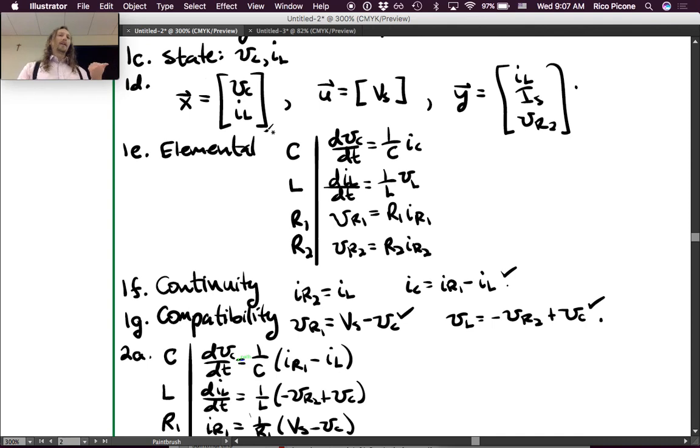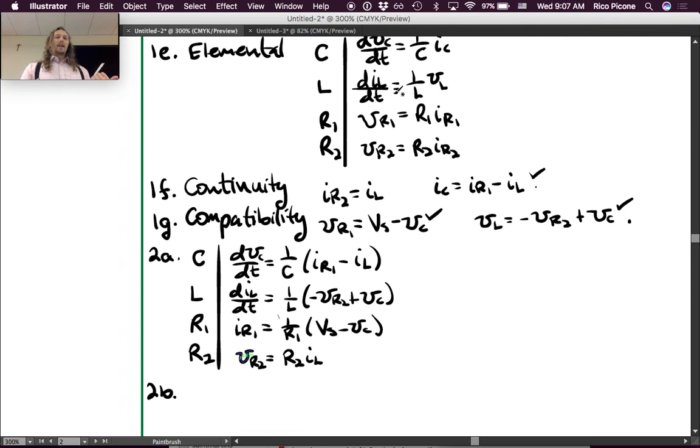We don't need to get rid of those. VS is an input, so that's good. Everything else needs to go. So I see IR1 and VR2 as being the two variables remaining that we need to get rid of. Fortunately, these R1 and R2 equations are solved for them, and they're already expressed in terms of state variables.